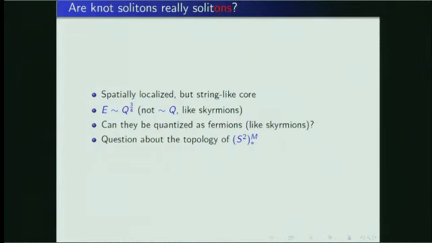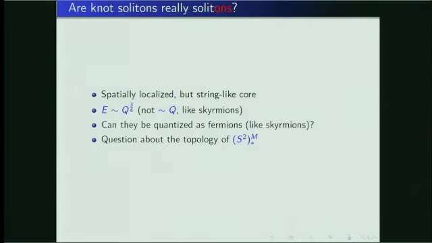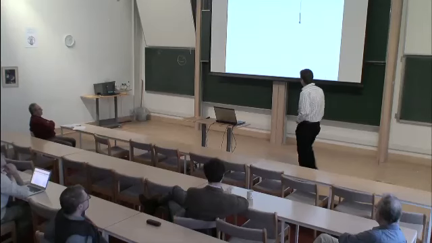What other particle-like features could we ask for? Well, one thing that you can do with point particles is you have a choice. You can either quantize them as fermions or as bosons. So you'd like to be able to quantize these things as fermions. Can we? Well, this is really a question about the space of maps from M to S2. So how do you quantize a field theory?